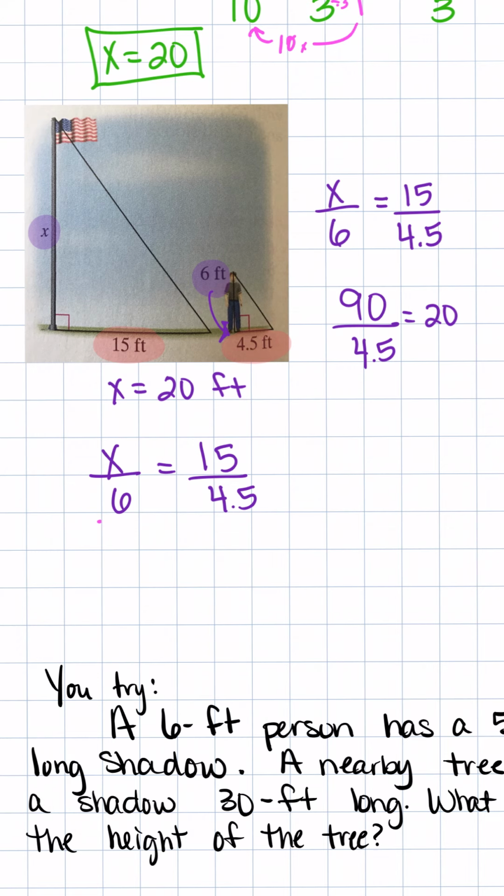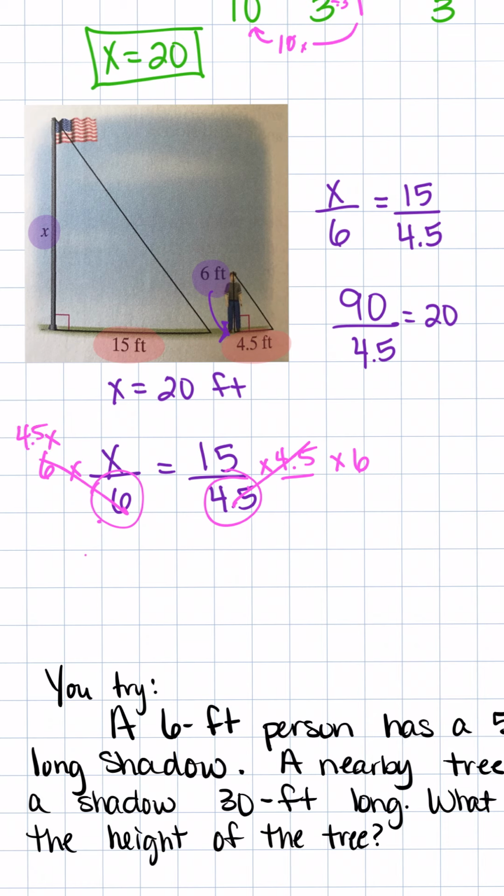So what we're doing is we're trying to get rid of this on the bottom. So to do that, we multiply by 6. We want to get rid of this on the bottom. We multiply by 4.5, like 4.5 over 1. So these get crossed out, but whatever we do to this side, we have to do to this side. So times 6, these two cross out, times 4.5.